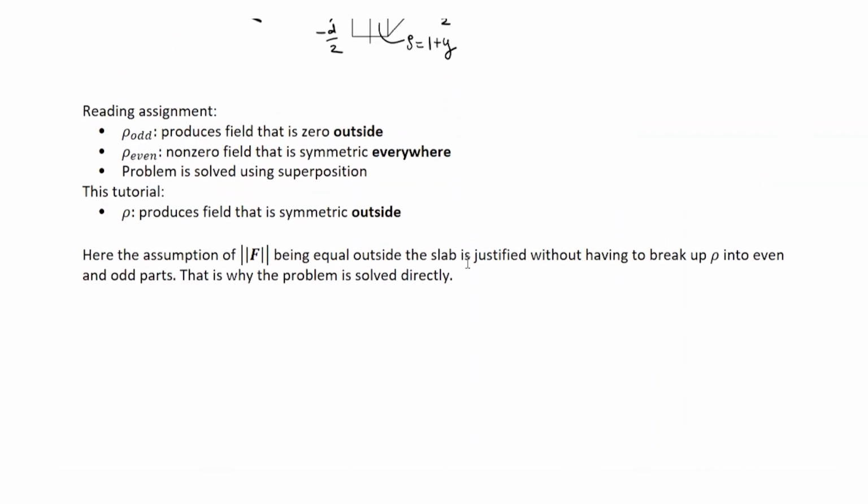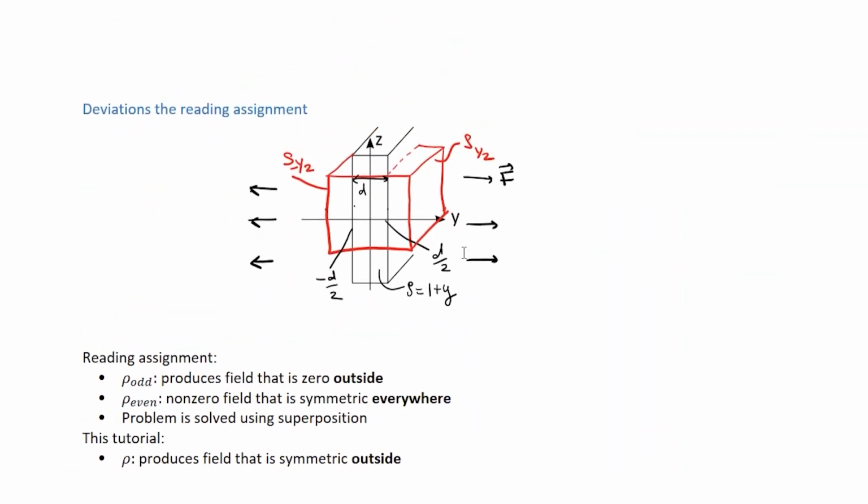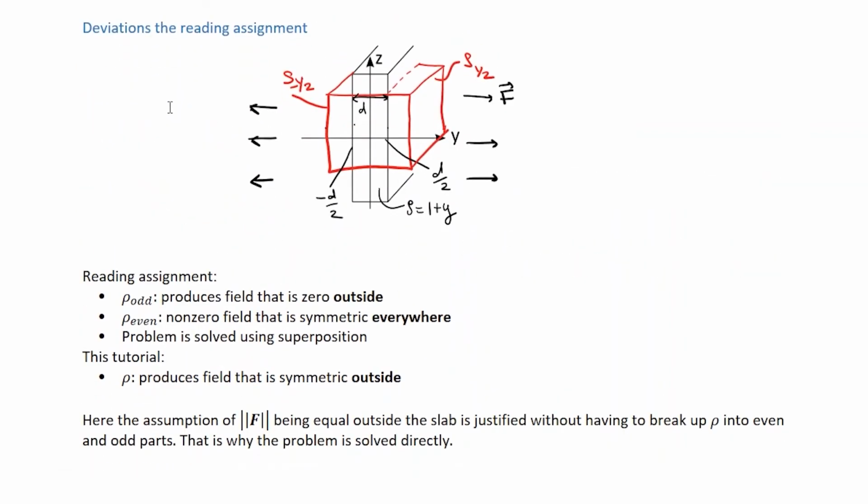Now I want to mention that I've deviated from the reading assignment just a little bit for this part. In the reading assignment, in order to find the field outside, you would break up this rho into even and odd parts, and the odd part was shown to produce no field outside, so that field would only be inside. Rho even would produce a symmetric field everywhere, which would give you a symmetric field outside.